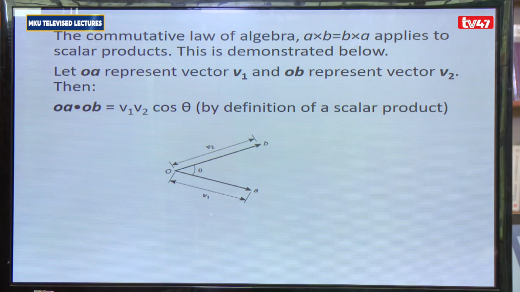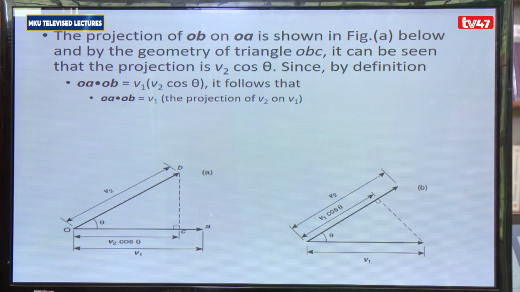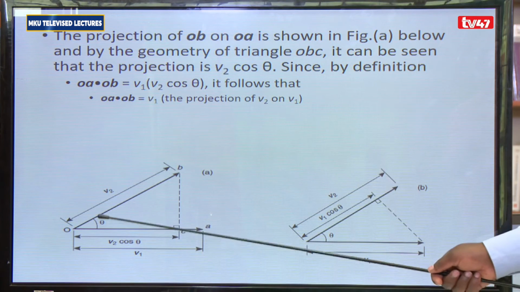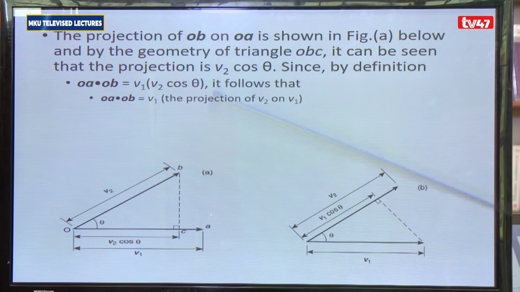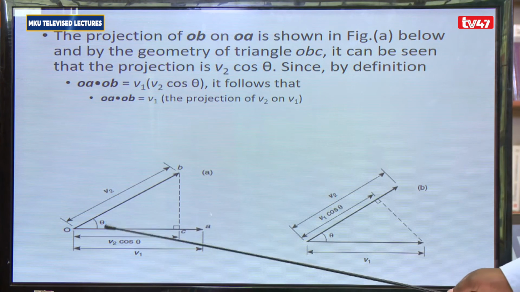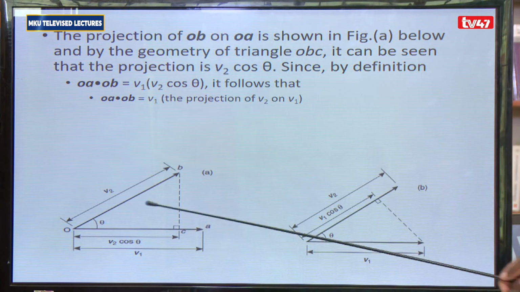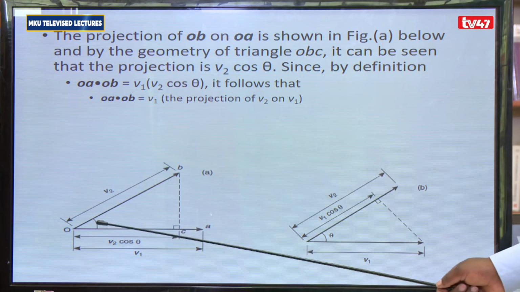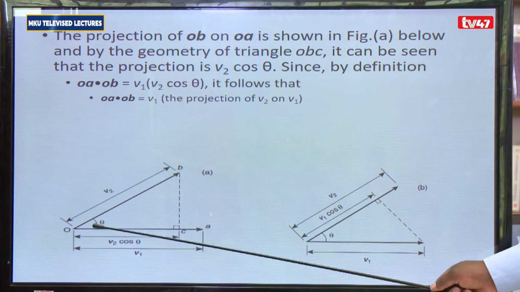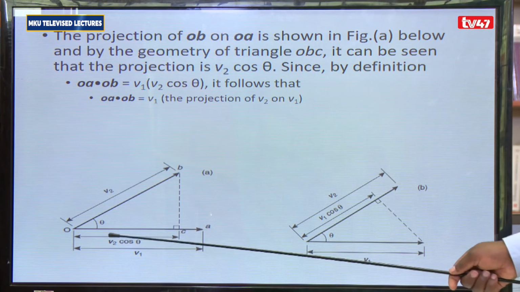Now, let's refer to this example here, and we see what that commutative law means. If you have this vector diagram here, which has got OA and OB, and you want to get the dot product, then you can get the projection of OB onto OA.